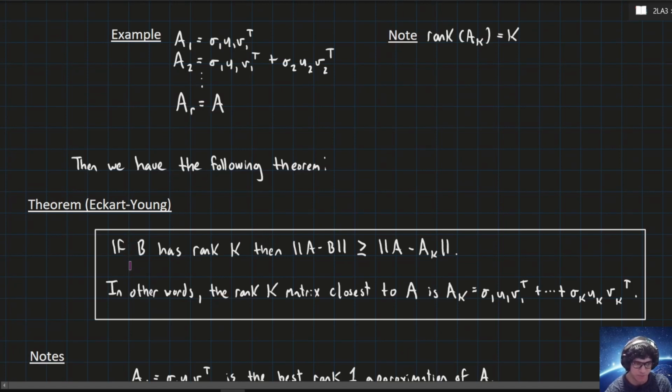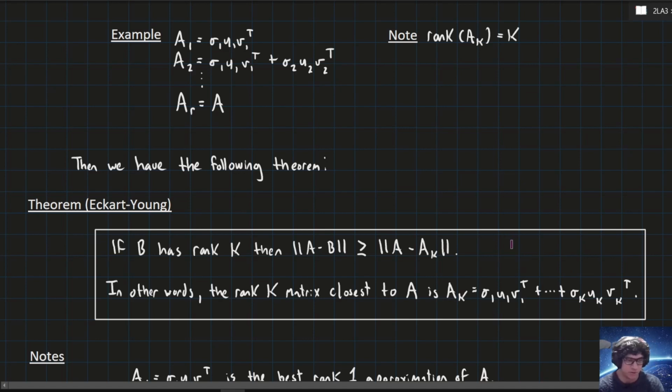It says if B is some rank k matrix, then the distance from A to B is greater than or equal to the distance from A to A_k. So what's the interpretation of this inequality? It's saying that the rank k matrix that is closest to A is A_k, where A_k is the sum of the first k pieces of the SVD.